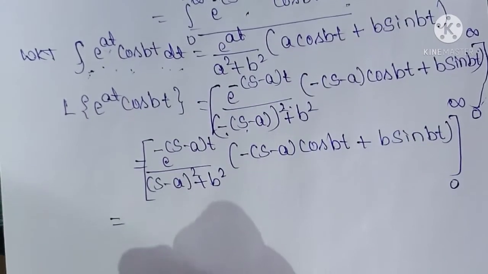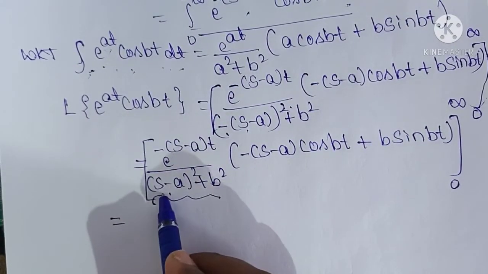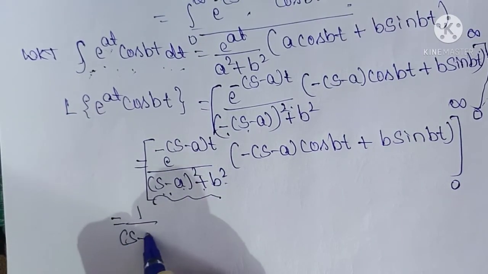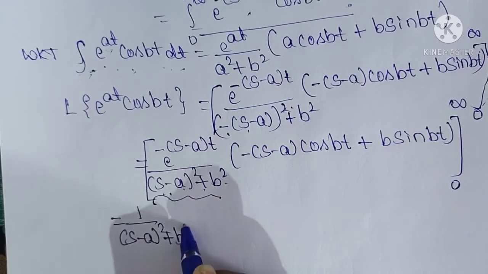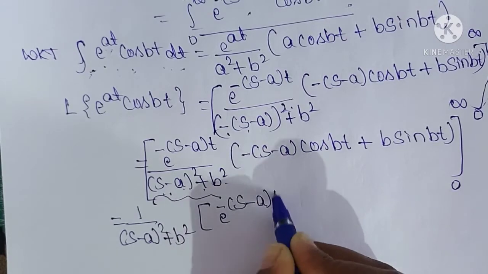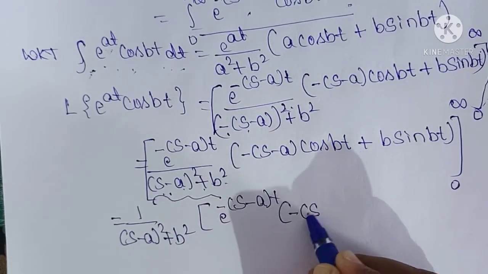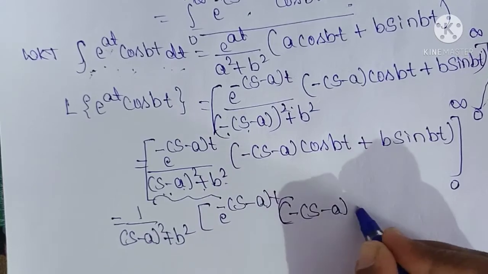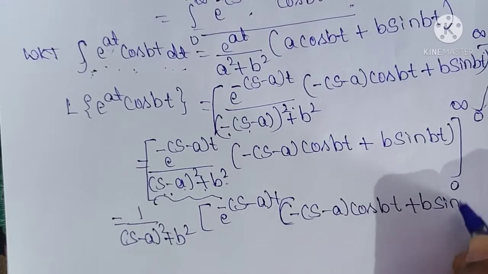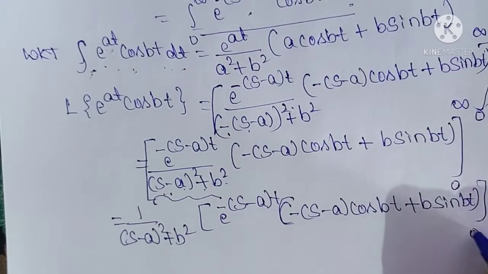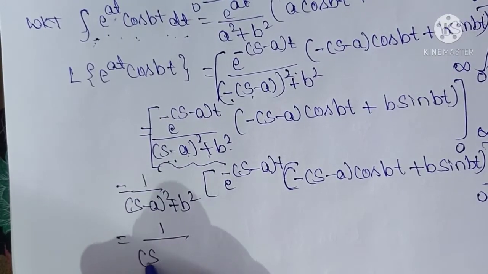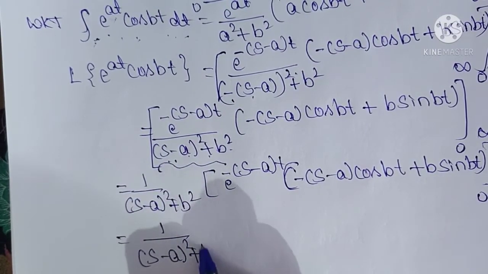It is equal to, here the constant term is (s minus a) whole square plus b square, that you take out, remaining e power minus (s minus a) t into (minus (s minus a) cos bt plus b sin bt), limits 0 to infinity. This implies 1 divided by (s minus a) whole square plus b square.